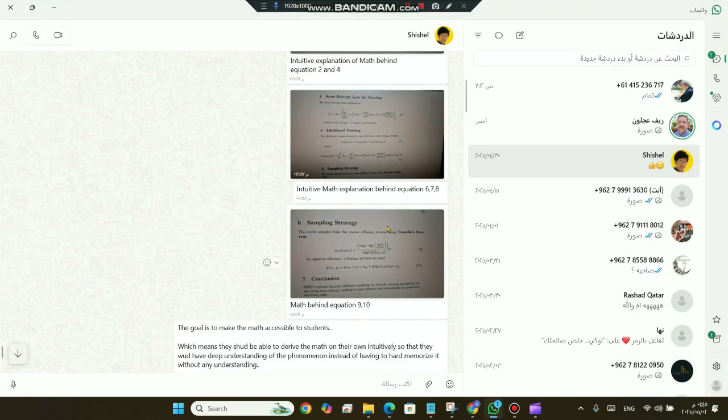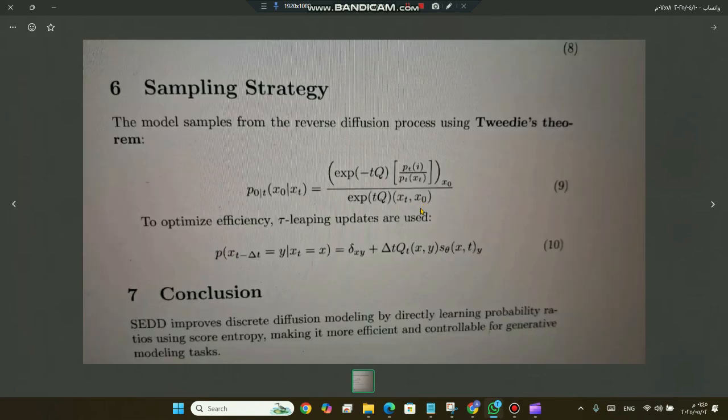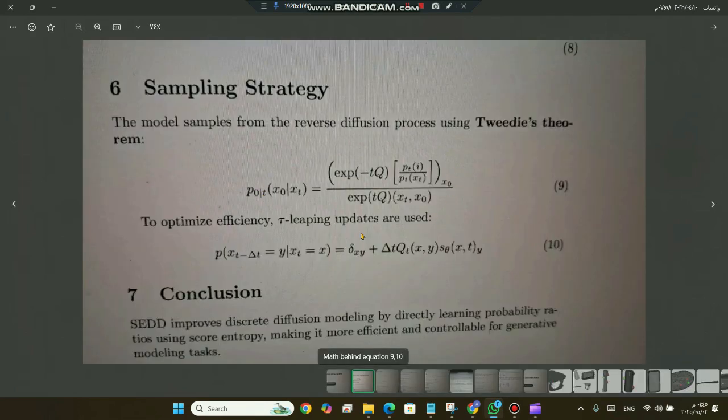Now I want to move to the next question, which is this formula over here. Your question was, where did this formula come from? What's the intuition behind it? First of all, this is the backward diffusion formula, so this is how we get xt minus 1 from xt, right? So how did we come up with this formula?